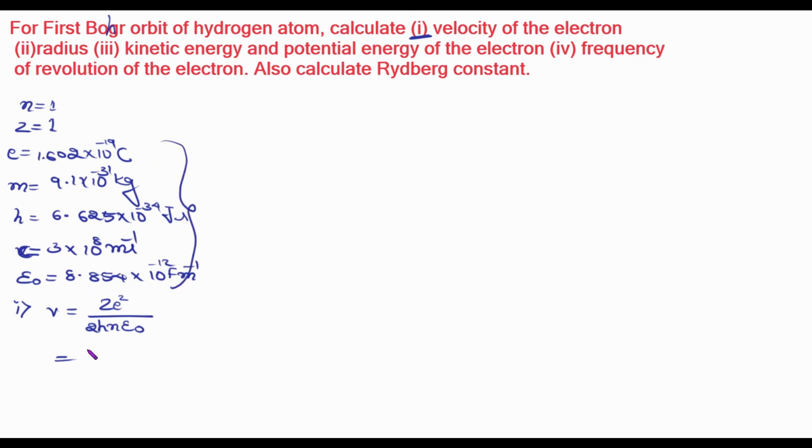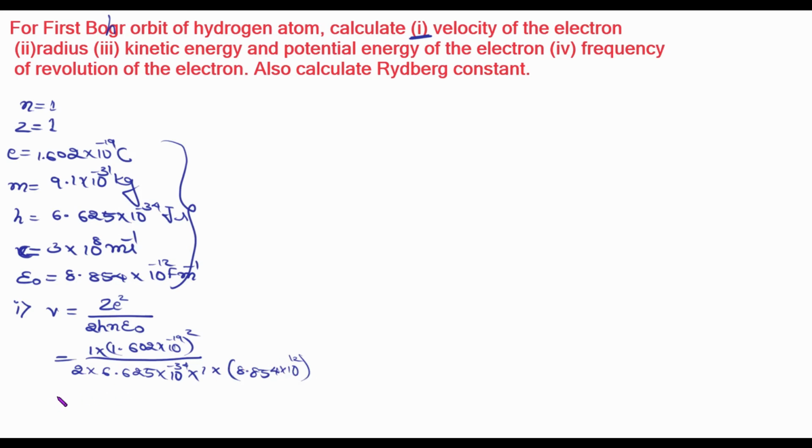Now let's substitute. Z is 1 into 1.602 into 10 to the power of minus 19 whole square, divided by 2 into 6.625 into 10 to the power of minus 34 into n is 1 into epsilon naught, 8.854 into 10 to the power of minus 12.